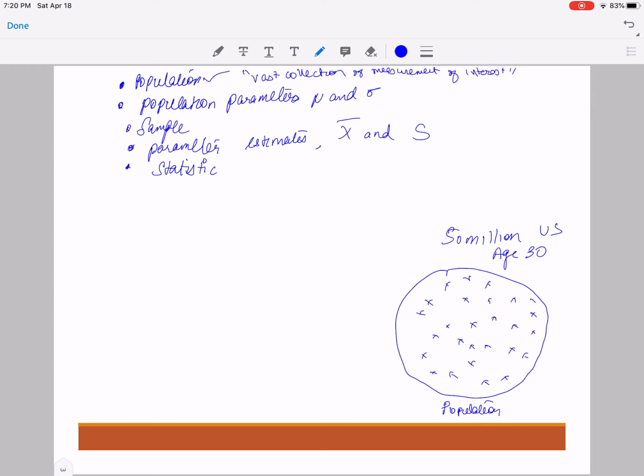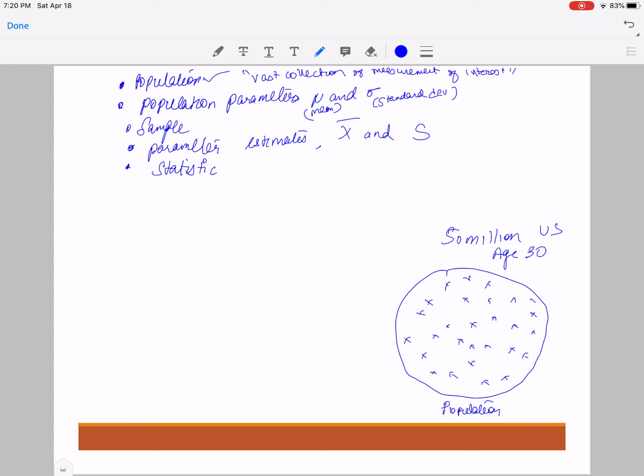The next important terms are the population parameters, and those are the population mean, denoted by mu, and population standard deviation, denoted by sigma. So these two terms are the population parameters, because both of them together give me a great picture as to how this data can be explained.